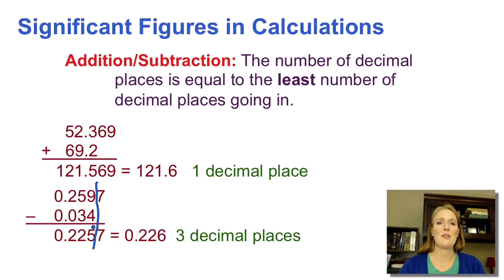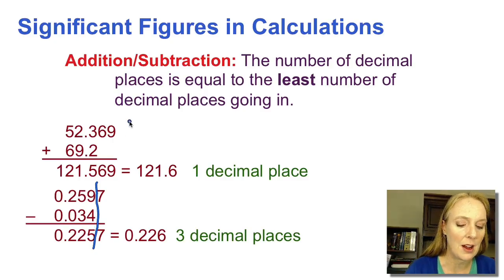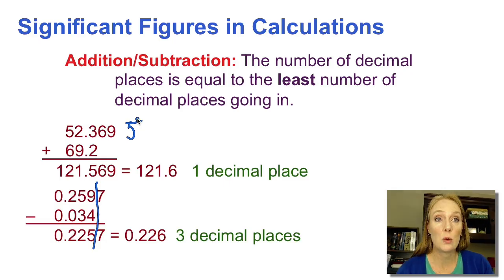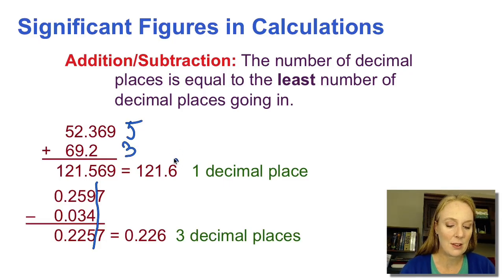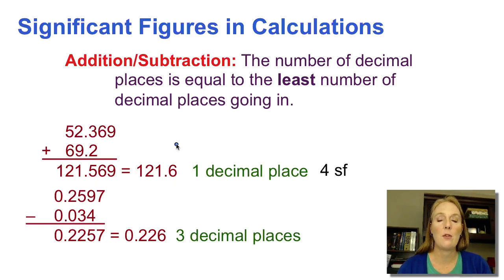Let's look back at the first example. In the first example, I was adding a number that had 5 significant figures to a number that had 3 significant figures. But the answer that I wrote actually had 4 significant figures, and sometimes that happens with addition and subtraction. You can gain or lose significant figures. Here's another example. Let's look at the next one.